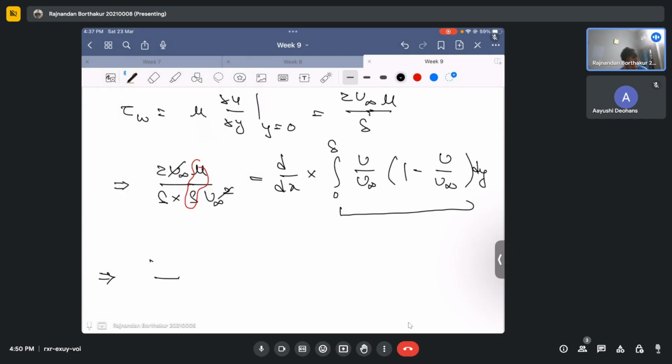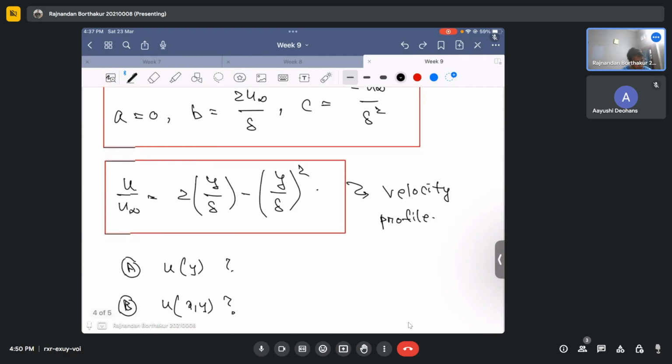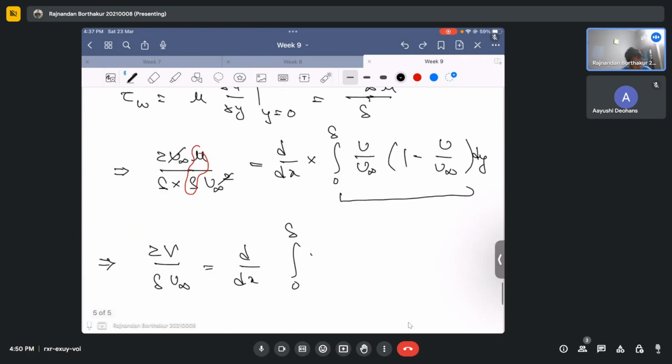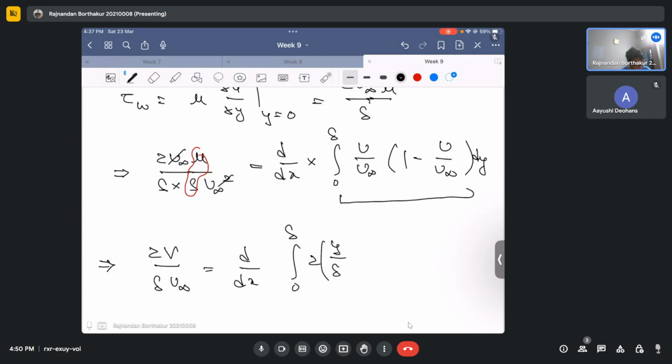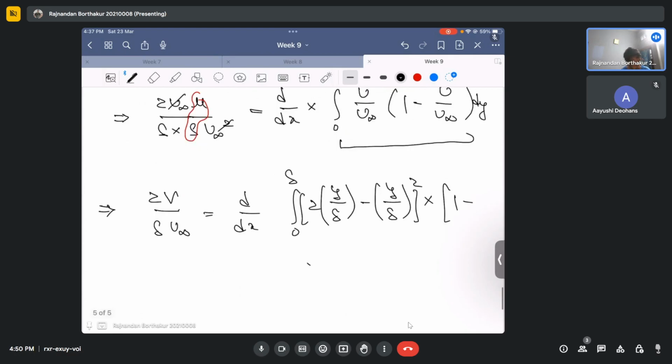So we end up with 2 times nu by delta u infinity equal to d dx of the integral from 0 to delta of u by u infinity, which is 2 times y by delta minus y by delta squared, times 1 minus u by u infinity, which is 1 minus 2 times y by delta plus y by delta squared, dy.